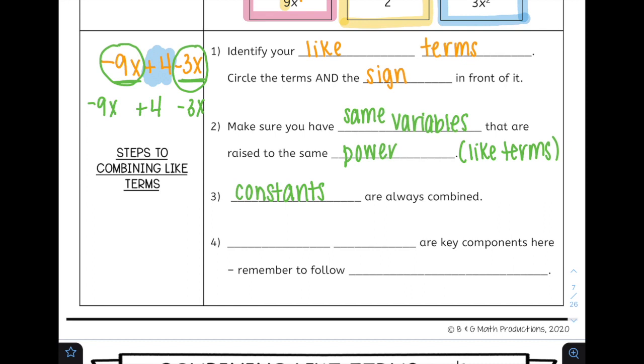And then another step to remember is that integer rules with positive, negative, multiplying, dividing, adding, subtracting are going to be very important, and you have to follow your order of operations. So a lot of things come into play from the past units that we've had.